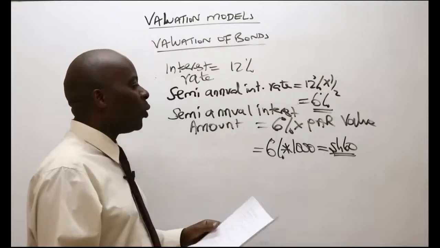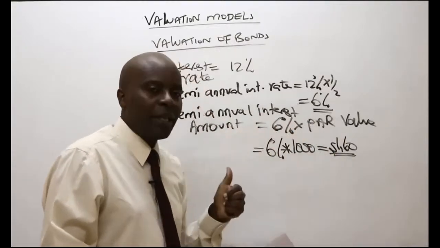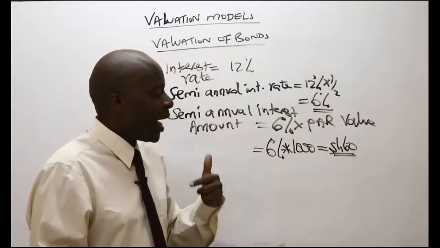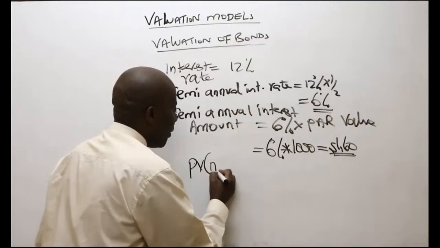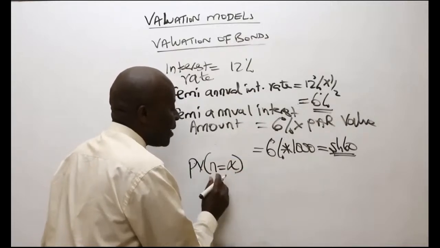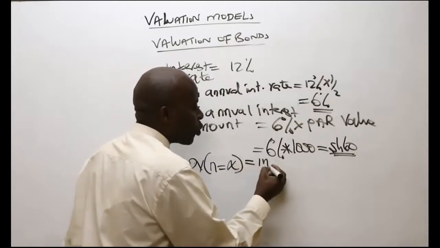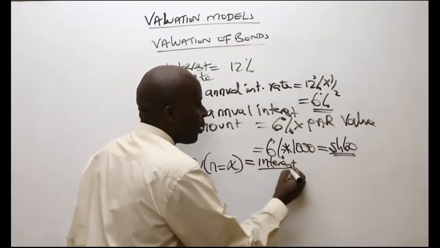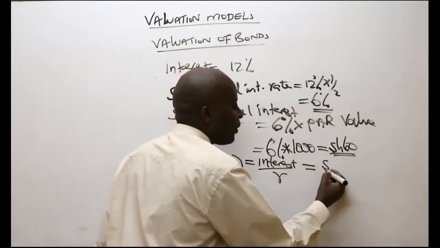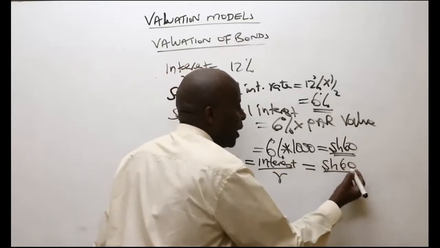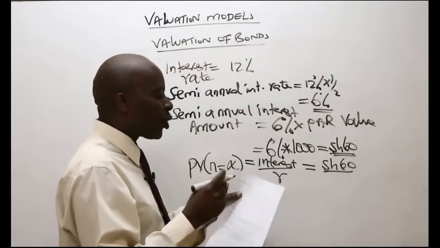Now from there, I would want us to discount these using the annuity infinity model, giving them the present value, knowing very well that our n is infinity. The concept of 1 over r, the interest all over r. So the interest that you have given me is shillings 60, and the required rate of return is 20%.